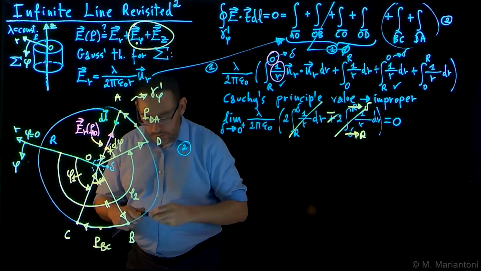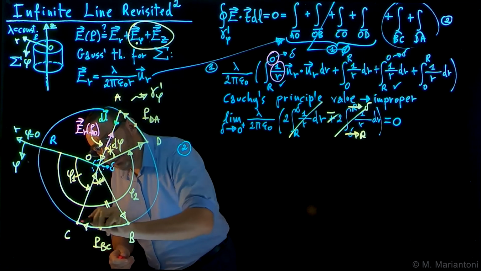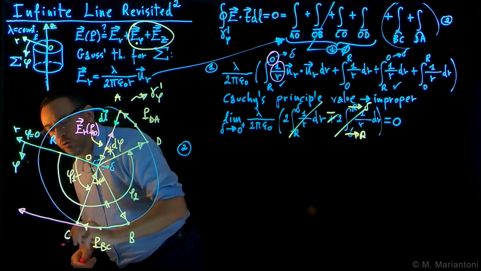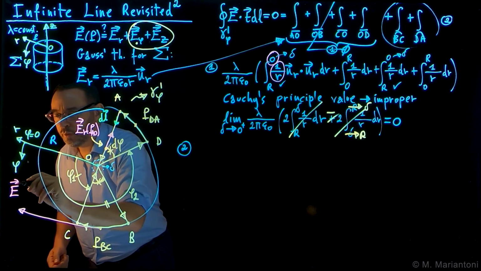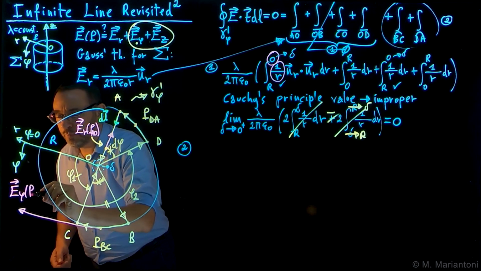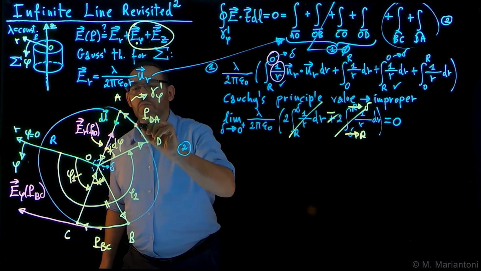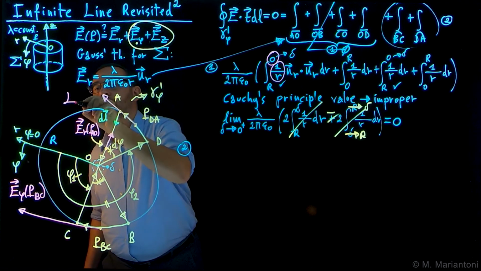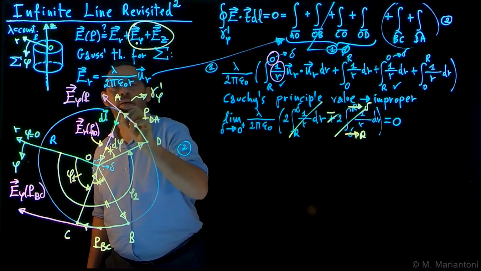So I pick these 2 points, and I hypothesize arbitrarily that, for example, here the tangent field in the phi direction is this huge field. I don't know anything about it. So this is E var phi at point P BC. Whereas here I choose, for example, a much more modest E, which again I hypothesize, E var phi at this point P DA.